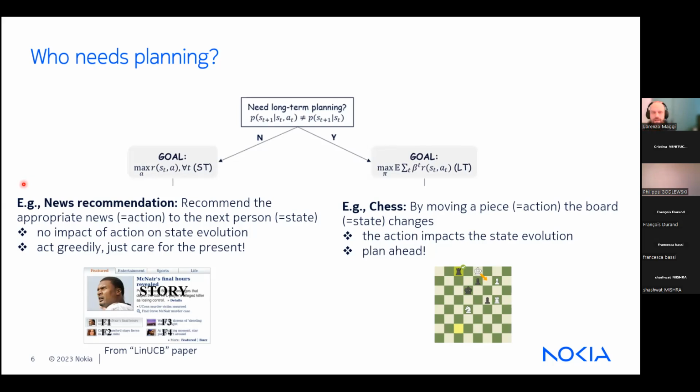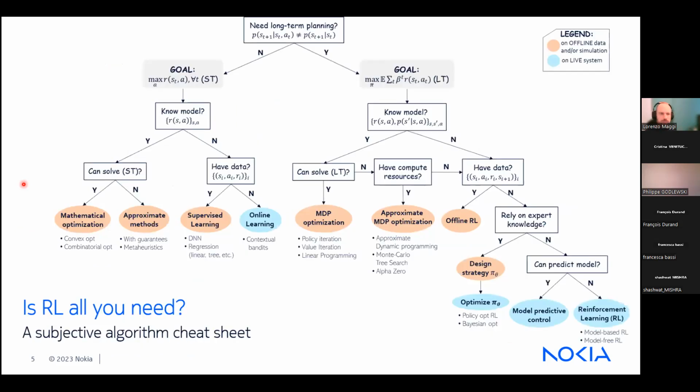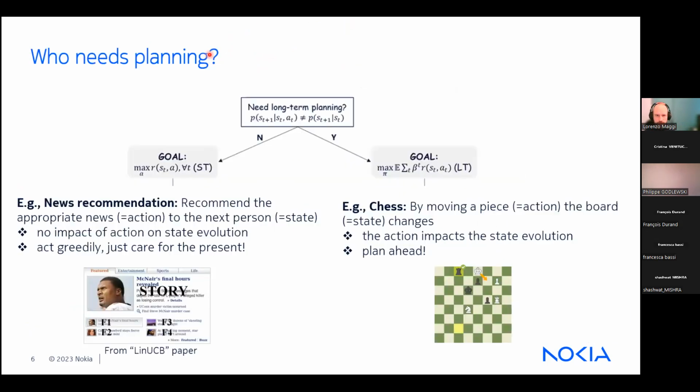Yes, please. Okay. So first of all, we said that we have this, let's say, subjective view on how to go about with the sequential problems. The first question that we ask ourselves is, do we actually need long-term planning?